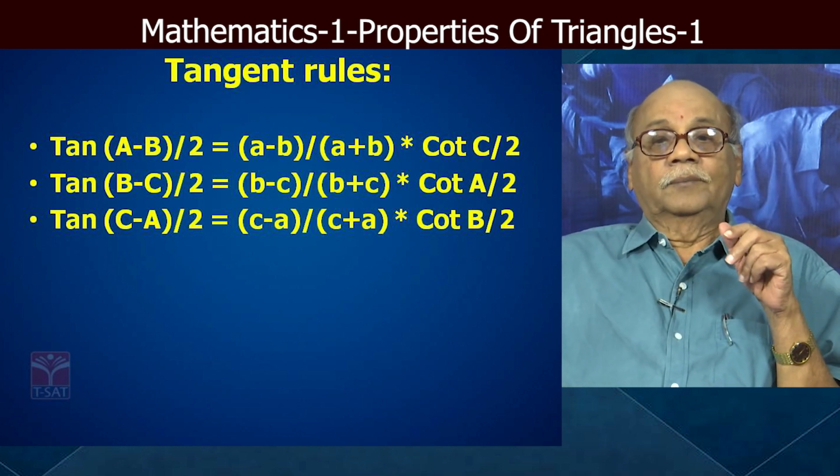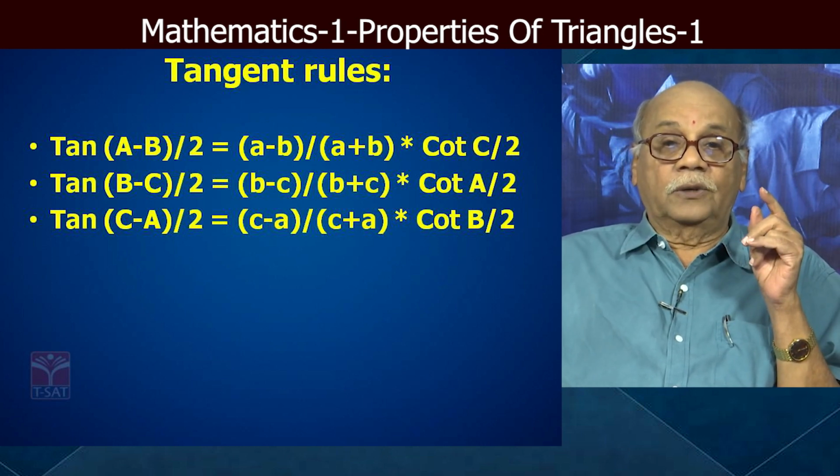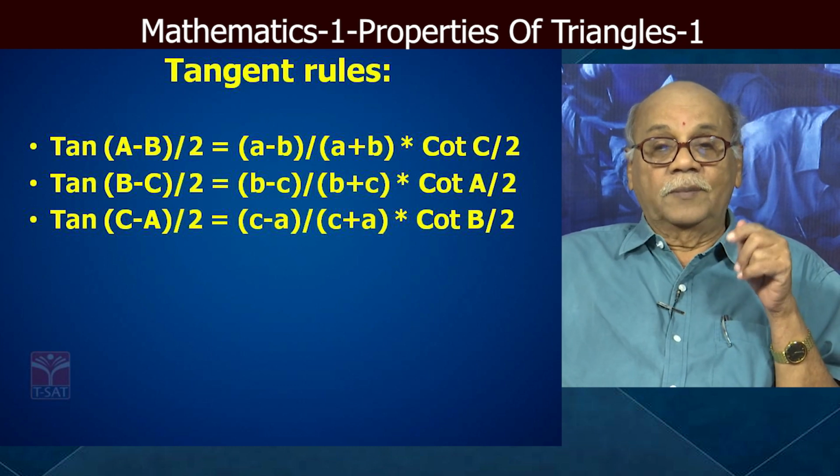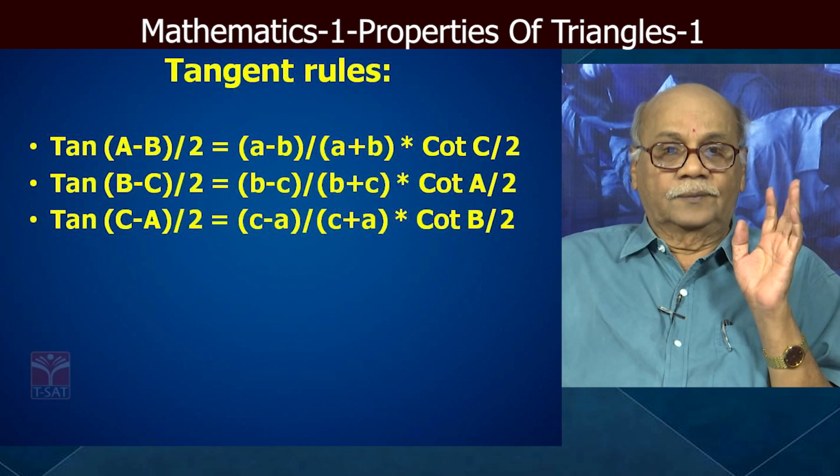Similarly, tan (B minus C) by 2 and tan (C minus A) by 2. These, tan (B minus C) by 2, tan (A minus B) by 2, tan (C minus A) by 2, are called tangent rules or Napier's analogy.